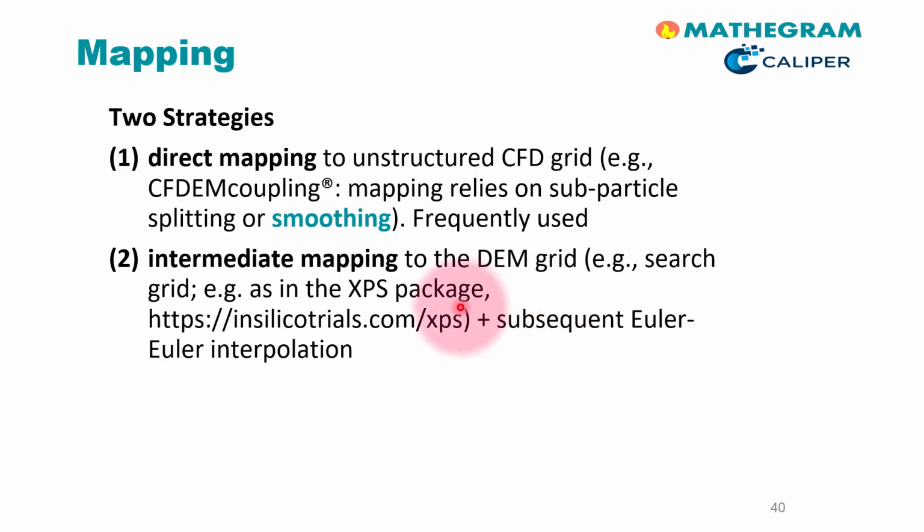For example, the XPS package available via insilicotrials.com uses such a strategy for mapping. In essence, this strategy is similar to the direct mapping followed by a smoothing operation, since the first mapping to the DEM grid has a similar effect as smoothing. In what follows, we thus only focus on the direct mapping strategy with a subsequent smoothing step.